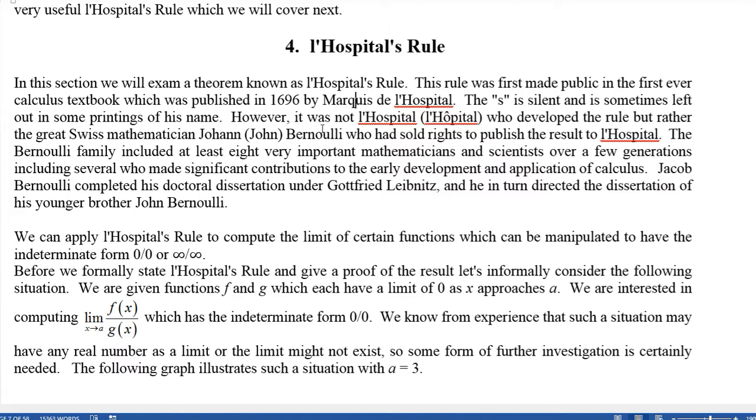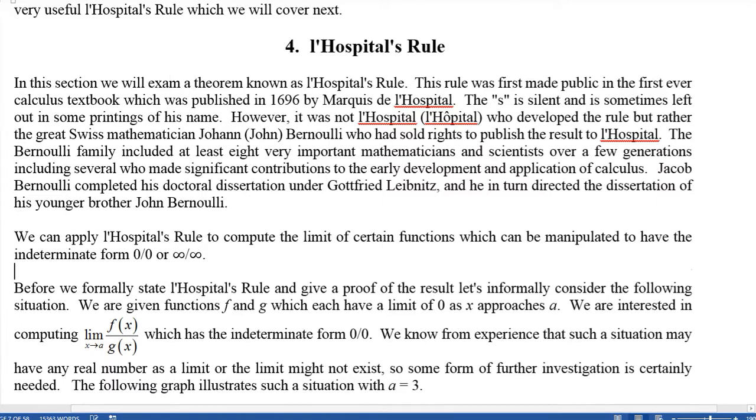So they would be absolutely aghast at people confusing which one is responsible for which results. But suffice it to say that family was very influential in many areas of mathematics and science, and certainly including the early development of calculus.